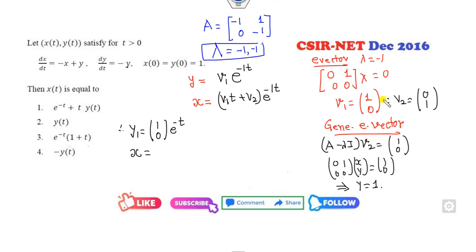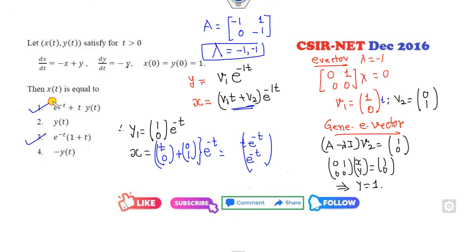So x is V1 times t plus this, that will be t comma 0 plus 0 comma 1, times e raised to power minus t. So that will be t e raised to power minus t, and so on. So this is my x, this plus this you can substitute here and you will get the same answer as here.